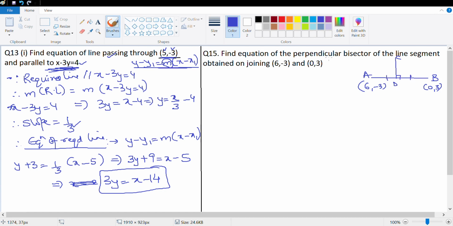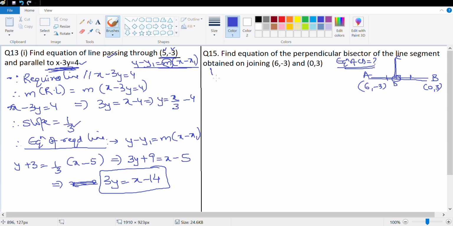So I basically need to find the equation of CD if I look at this. So the equation of CD is what? For that I'll need to know this point and I'll need to know the slope of CD. Now since these two lines are perpendicular, the slope of AB multiplied with the slope of CD will be equal to negative 1. Perfect. So let's start writing.